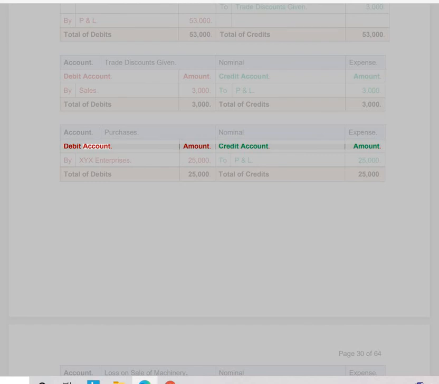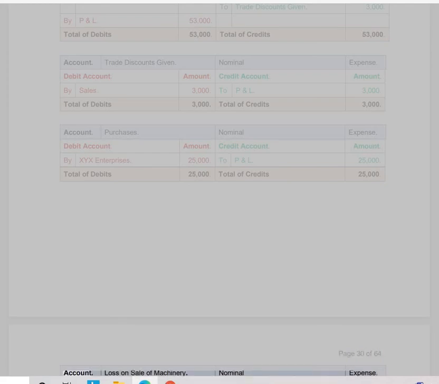Debit account, amount, credit account, amount. By XYZ Enterprises, 25,000, to P&L, 25,000. Total of debits 25,000. Total of credits 25,000. Page 30 of 64.